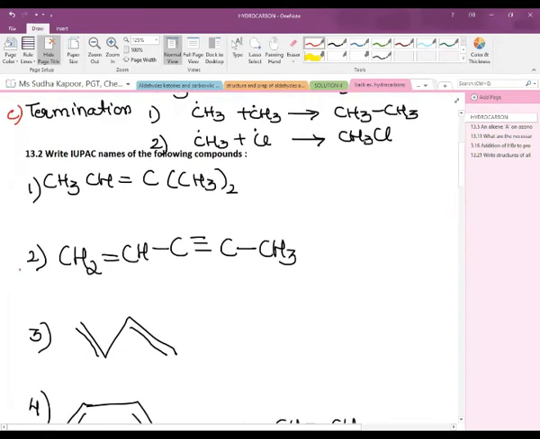Now in question number 2, write the IUPAC name of the following compound. While doing the IUPAC name, we consider the formation of the long chain. All the things have to be considered along with giving priority to the double bond also.